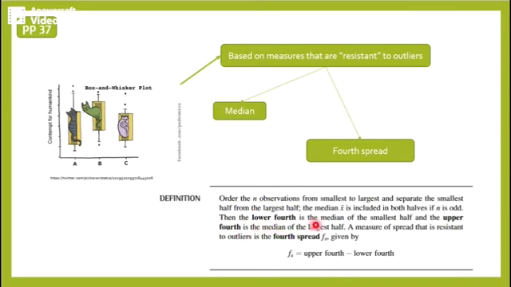This lower fourth is equivalent to my first quartile. Remember, the median is my second quartile, and the upper fourth is my third quartile. So this fourth spread is also known as the interquartile range because it's the difference between the third quartile and the second quartile.